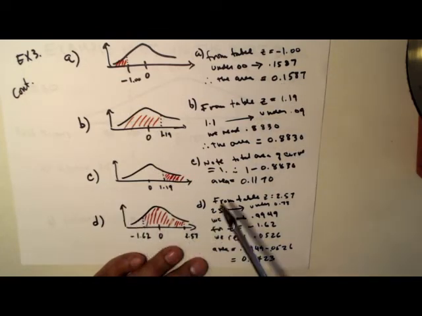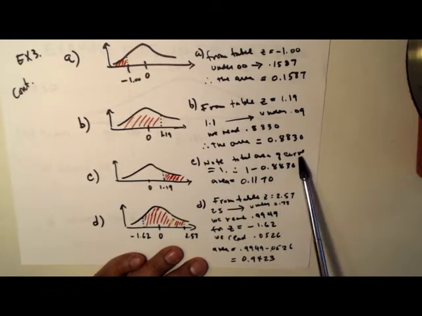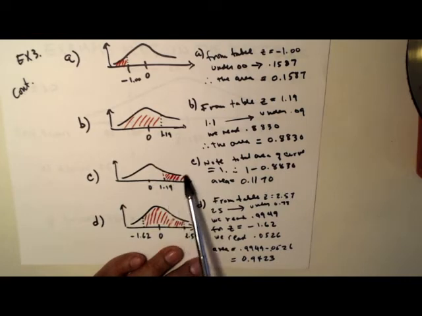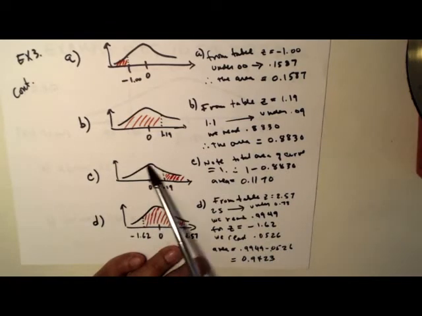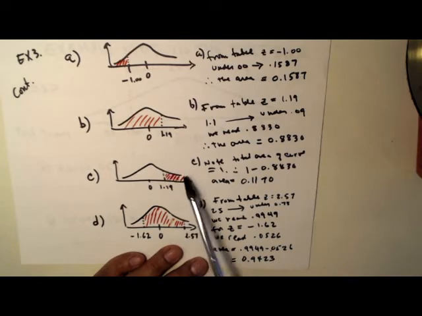And C is asking us for the shaded area to the right of 1.19. So basically, we have the whole area that we can consider to be equal to 1, right? 100%. In this case, we have decimals, so it would be 1.